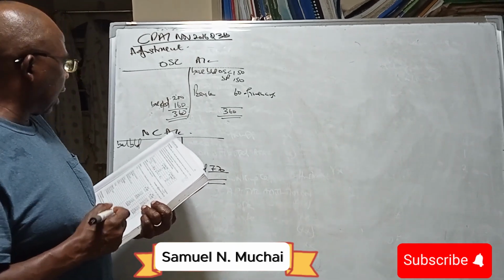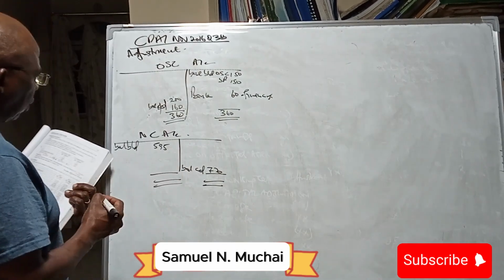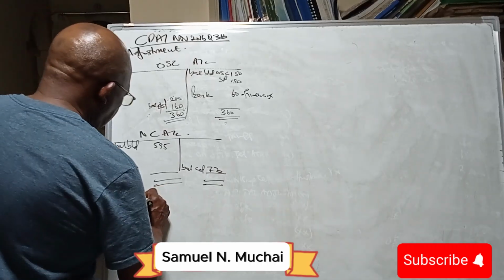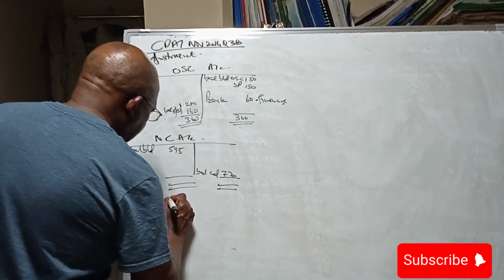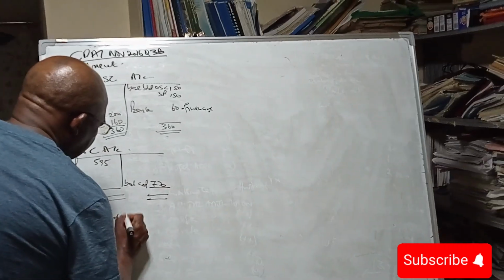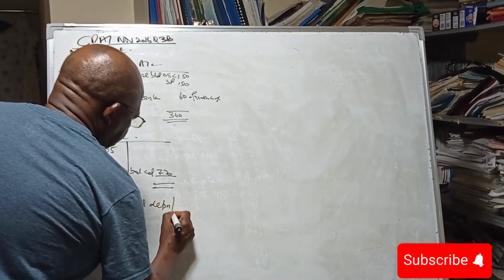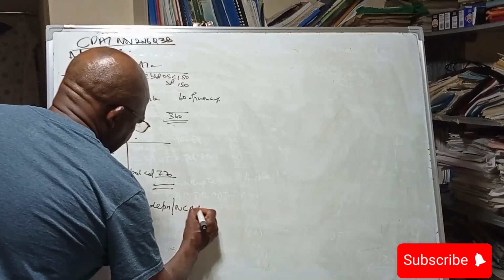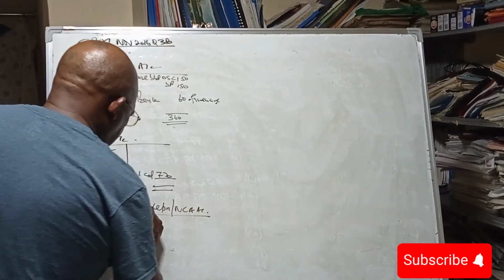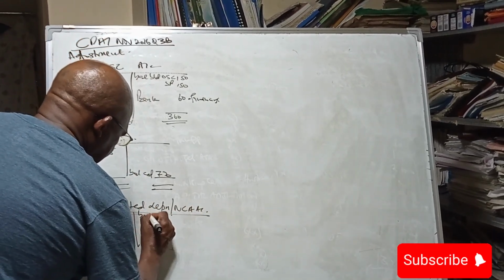So we get the non-current asset account and accumulated depreciation.